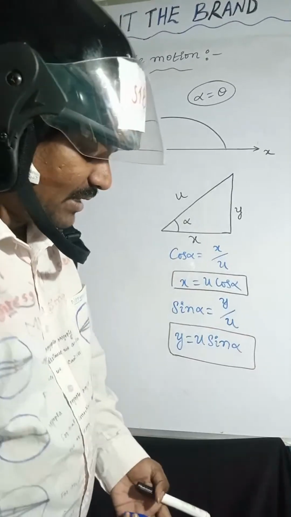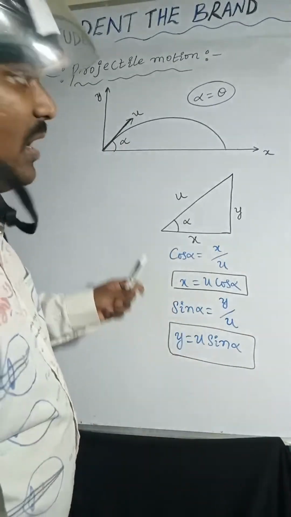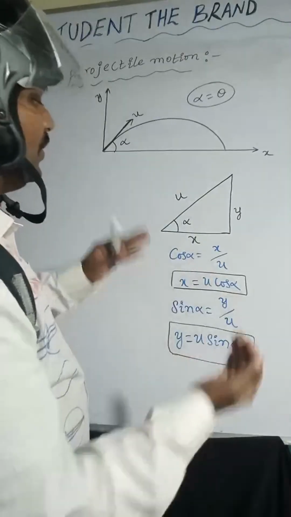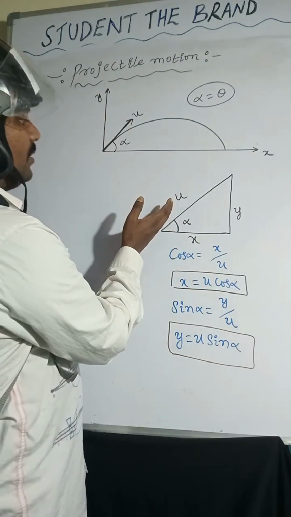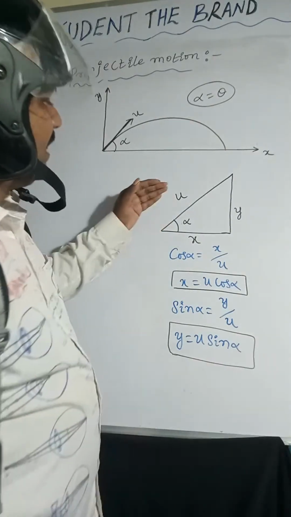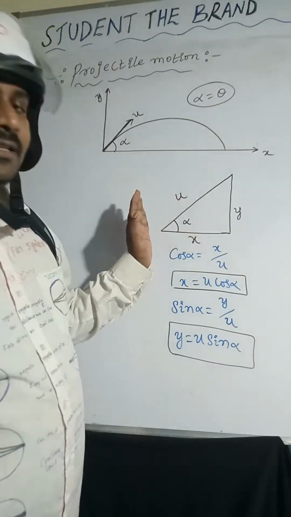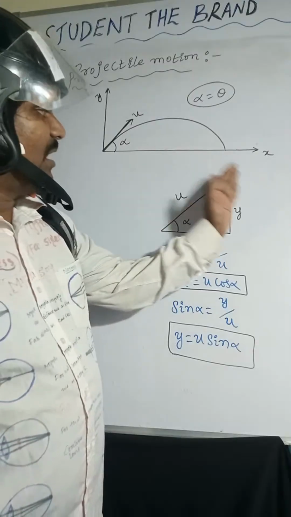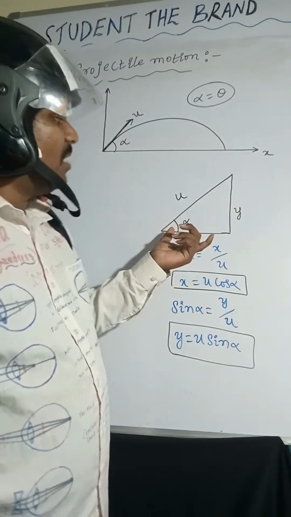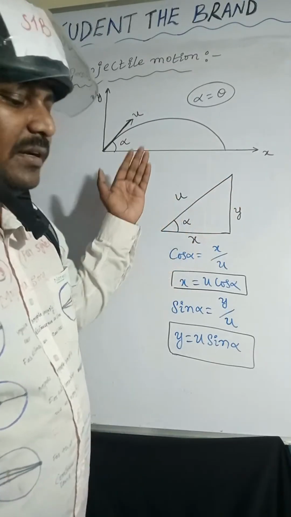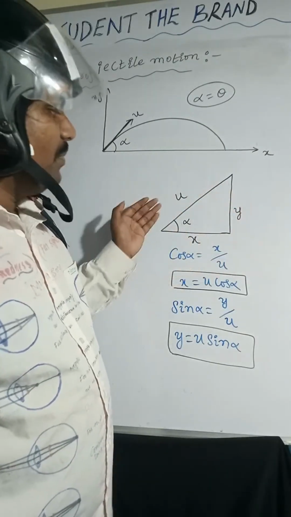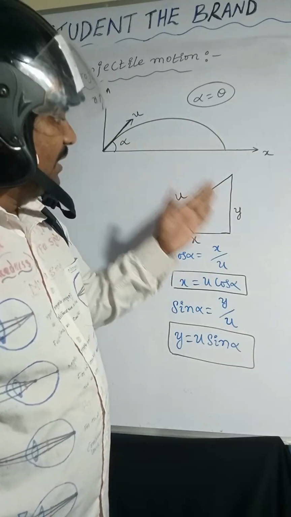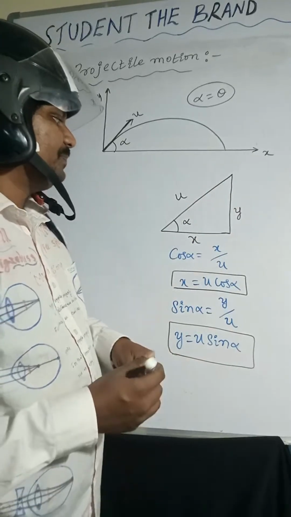Along the x-axis and y-axis, we can also take ux and uy, because these are the components of the initial velocity u: ux along the x-axis and uy along the y-axis.